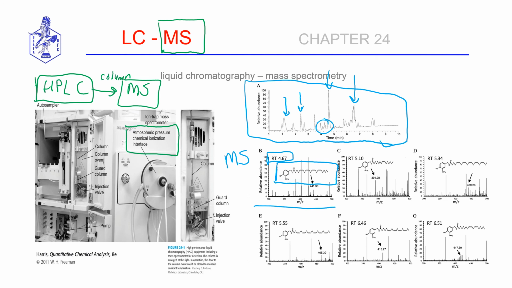As you might anticipate, these instruments are the most expensive. An LCMS is going to cost you well over $100,000. And the greater the capability of the instrument, the more expensive it's going to be.